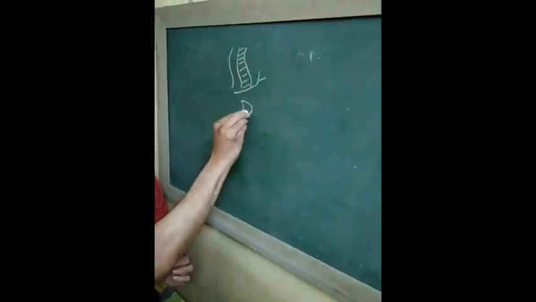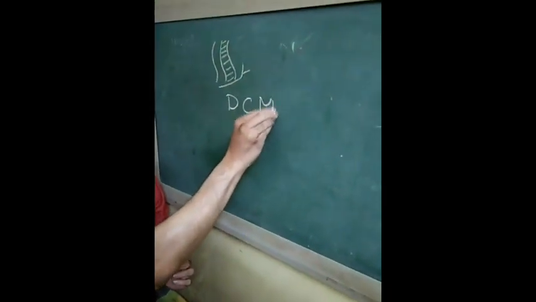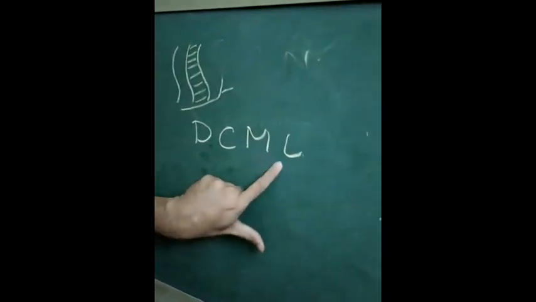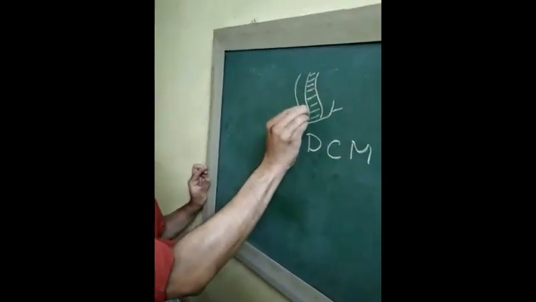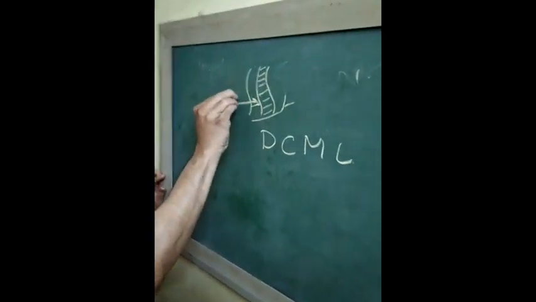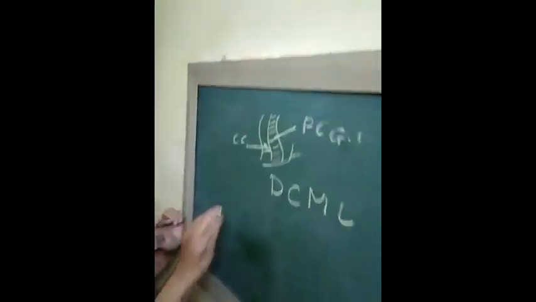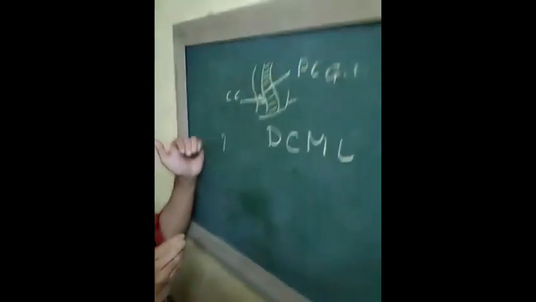What is the pathway? It is called the dorsal column medial lemniscus pathway, DCML. It is ending here. This is the central sulcus, this is the post central gyrus, this is the end point. Now where is the beginning? Rather we call decussation.